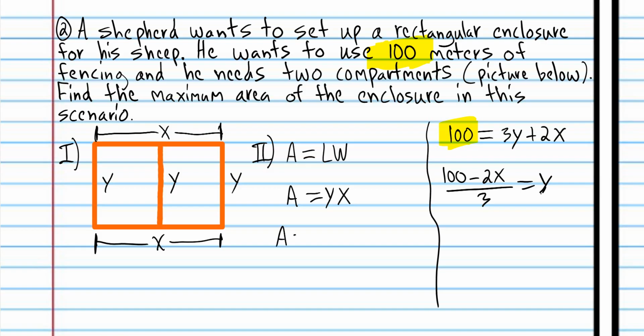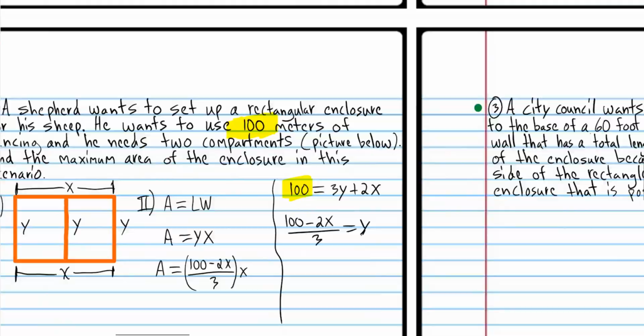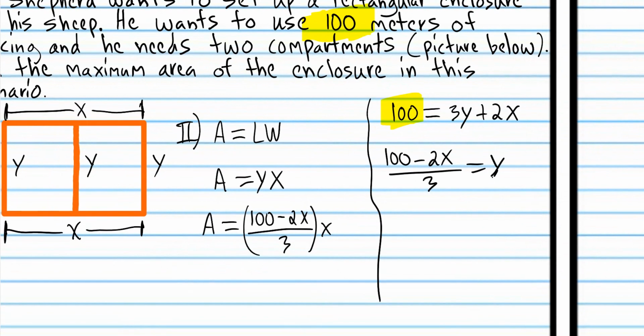So now we have A is equal to (100 minus 2x) over 3, times x. So I plugged in all that. Maybe I should make that green because I made it green before. Plugged in all that there.